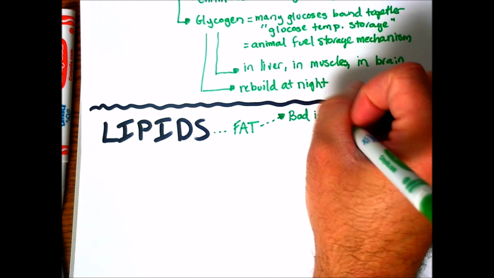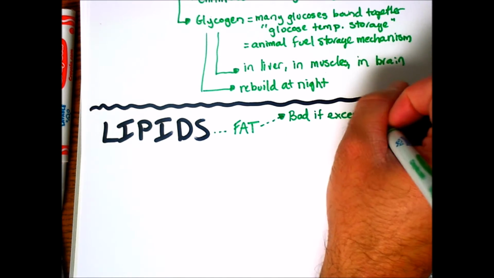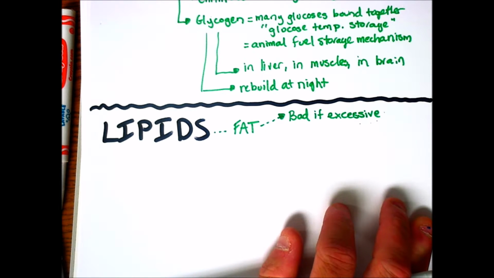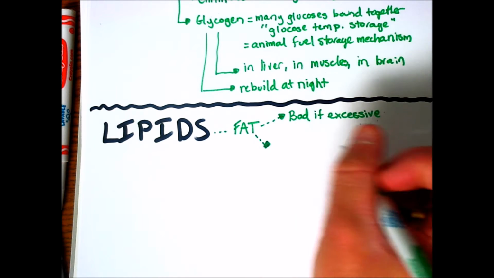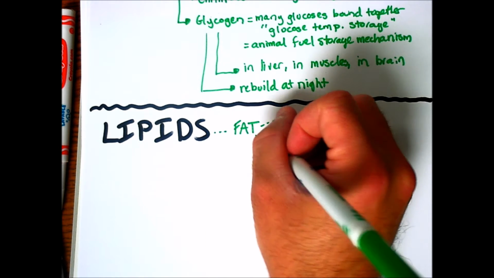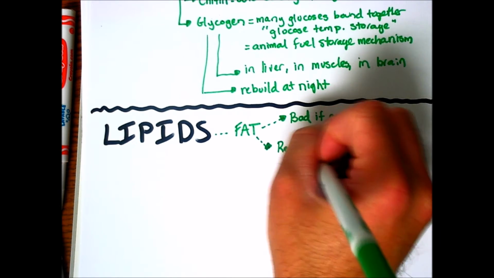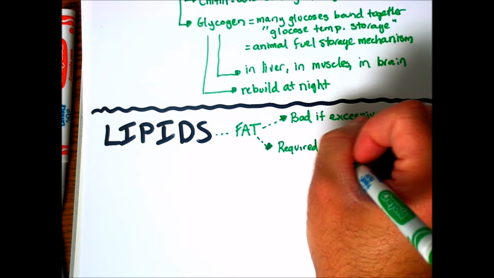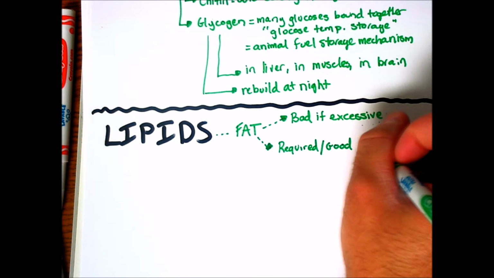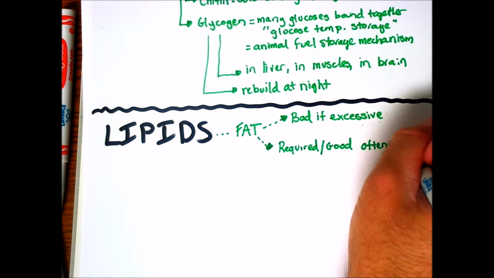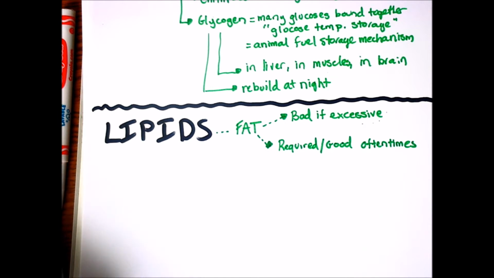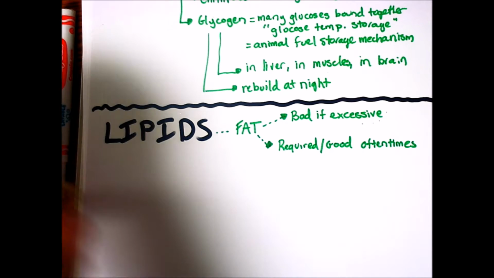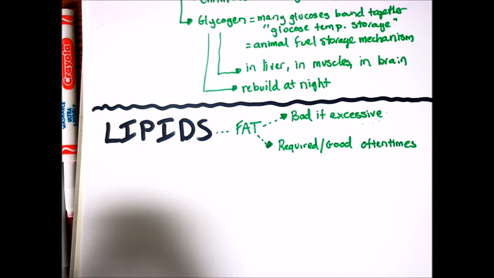But I would argue that they're bad if they're excessive and excessive in the wrong type. For biological functioning, it's important that we land on this idea that they are definitely required, and not just that, but they are good more times than not. They become bad when they are too much of the wrong type. That's where it typically becomes pretty bad.